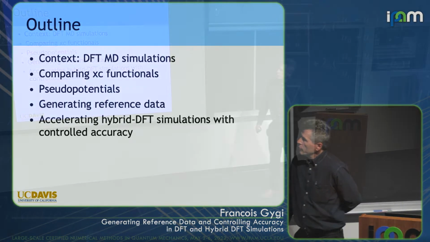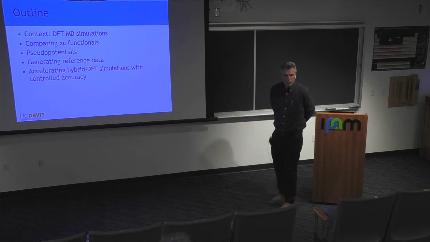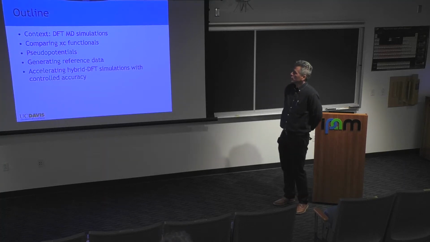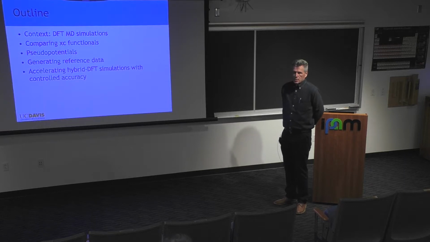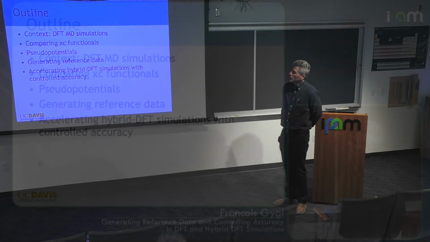All right, so I'll try, if time permits, to go through all these steps. First, I'd like to give some context of what we do and what we are trying to achieve, and how that leads us to considering the accuracy of approximations. We're interested in DFT molecular dynamics simulations. That leads us to the problem of comparing exchange correlation functionals.